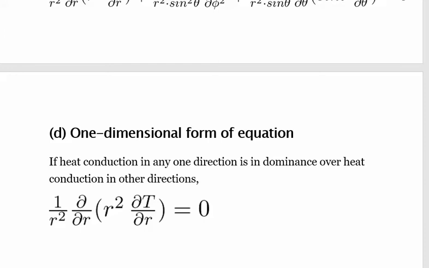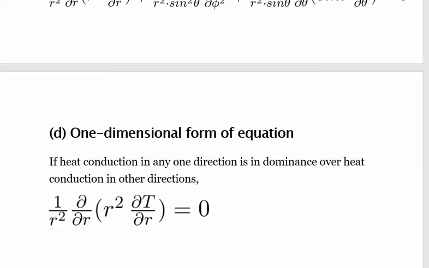Taking the example that the r direction has much higher dominance over the other directions, phi and theta, those values are neglected, and we form an equation with one direction only, the direction r.